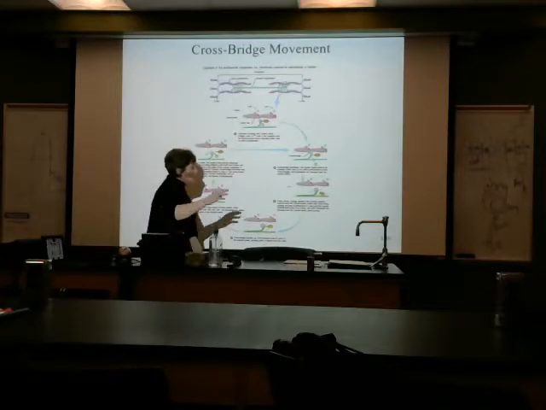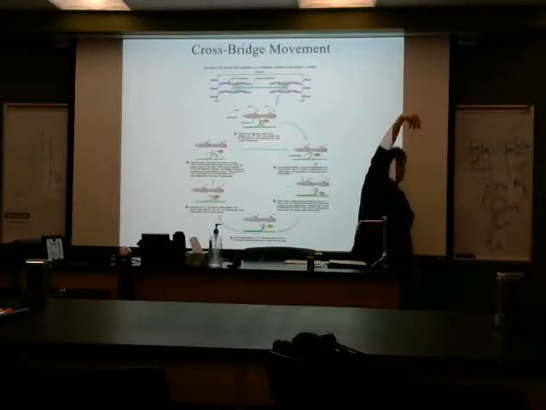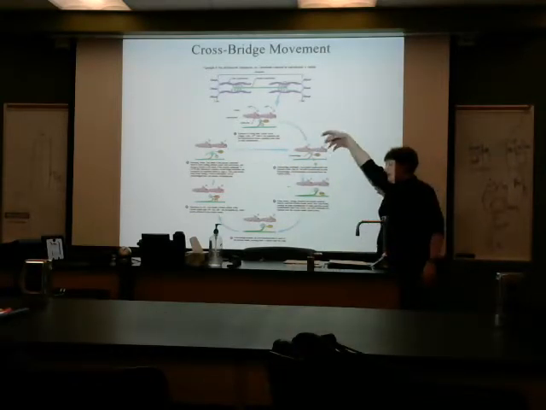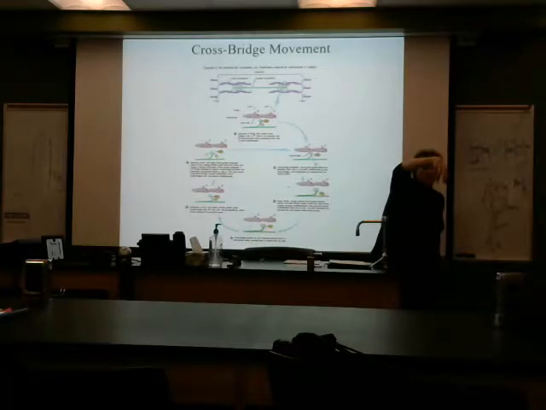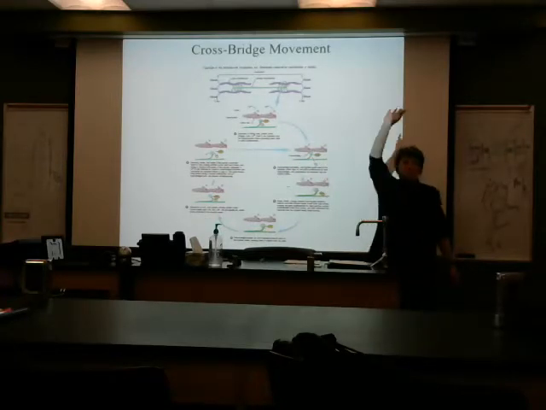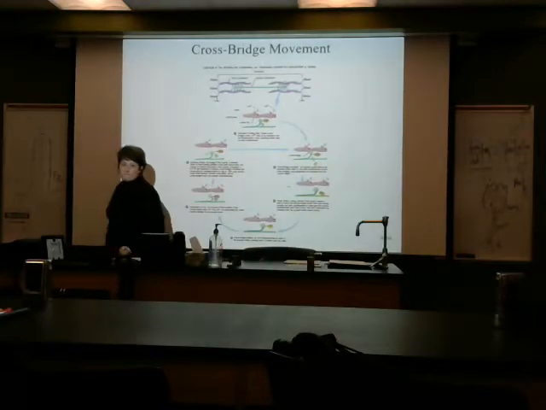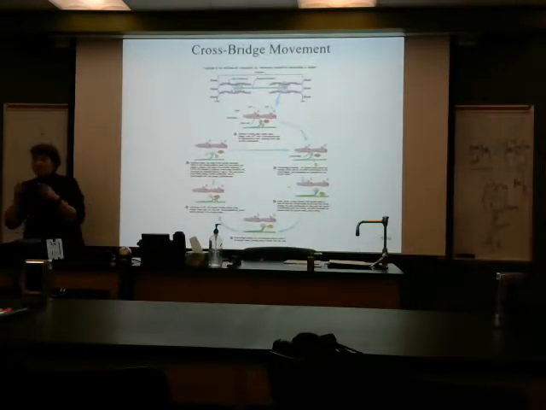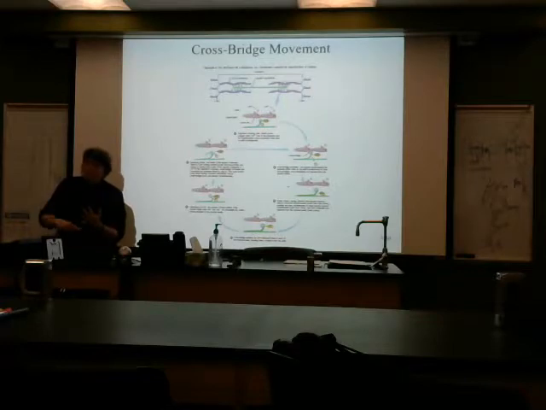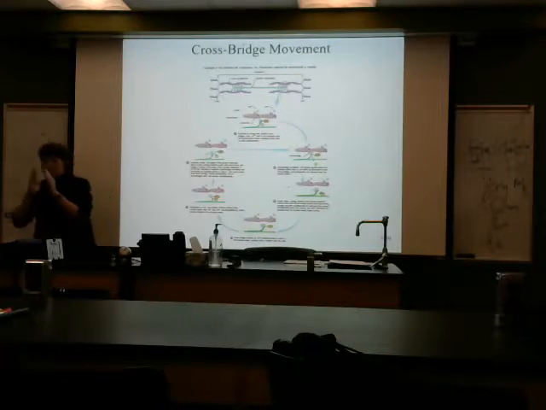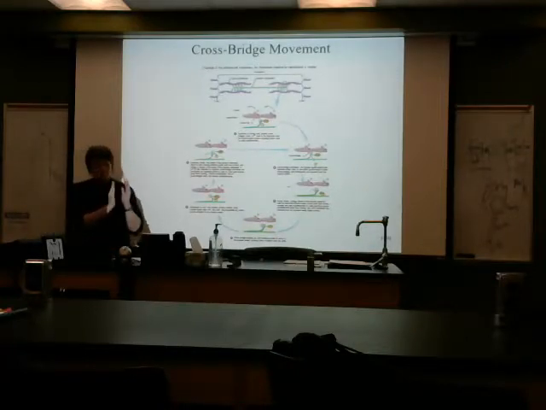So, once I get the impulse, once I get the release of the acetylcholine, once I get the gates open, once I get the sodium going, which affects the endoplasmic reticulum, it releases the calcium. I'm at that point right there. I am now at these protein filaments of my sarcomere, from piece to piece to piece to piece.